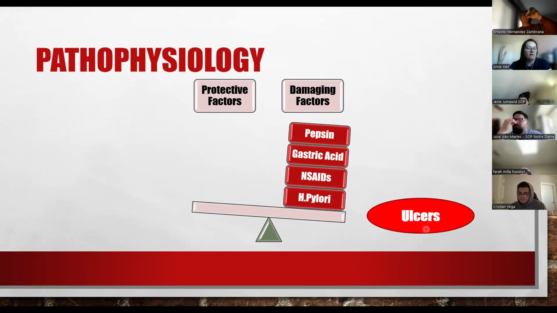When that balance is disrupted and those protective factors can't overcome the pepsin, the gastric acid, the NSAIDs, the H. pylori, that's when we end up with ulcers. We have too much destruction going on, not enough protection going on. Everything you'll hear me say over and over again when we're thinking about treatments and diseases, we are constantly weighing the risk versus benefit of everything as it relates to medicine.